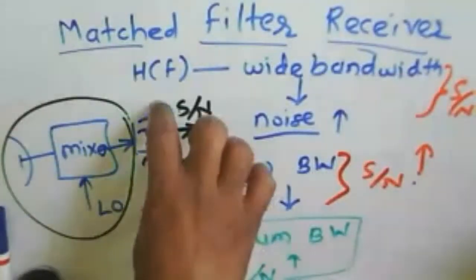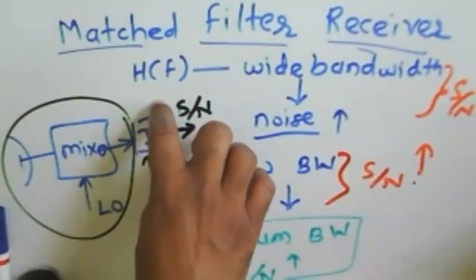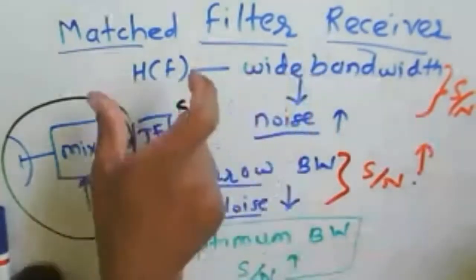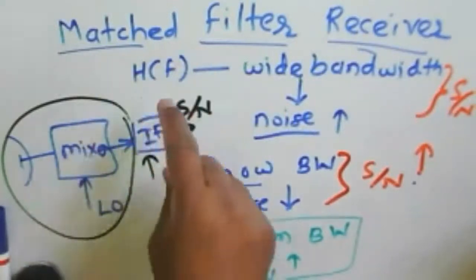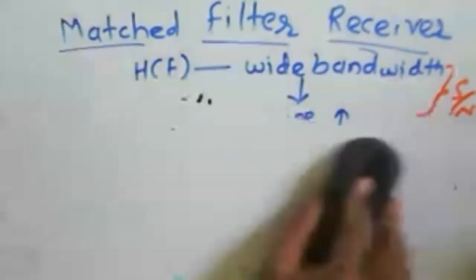So we use an IF here, and that IF will be considered as a filter with a gain. So the frequency response function of the filter that we can consider is H of f, and that will define how to improve the signal to noise ratio.